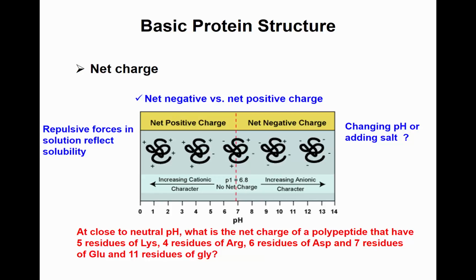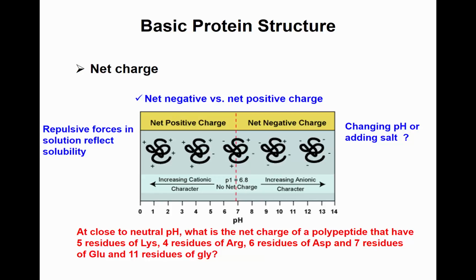What about glycine? Neutral. Glycine is your smallest amino acid, where the R chain is only hydrogen. So it doesn't carry a charge at neutral pH. So just doing simple math, very simple, you will come up with a net charge of -4.